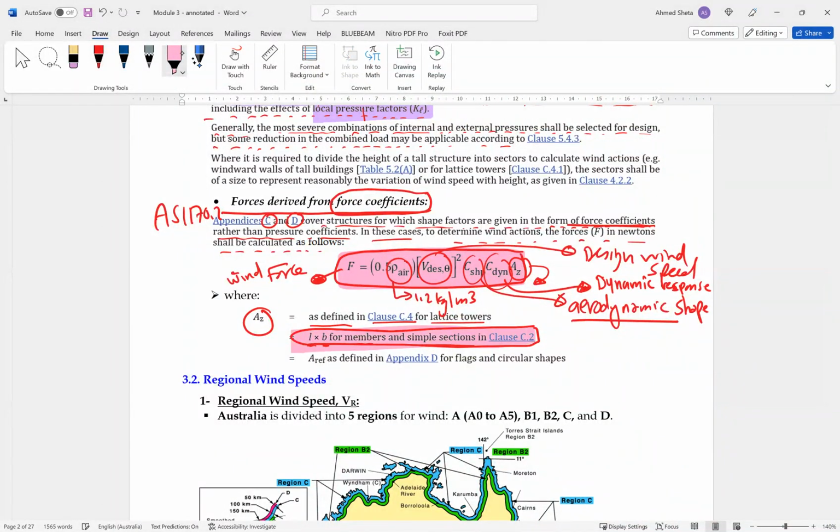This means the area equals L times B, or width times length, or it can be defined as A reference as defined in Appendix D for flags and circular shapes. For our simple members and sections, we are using L times B, which is width times length, for example.